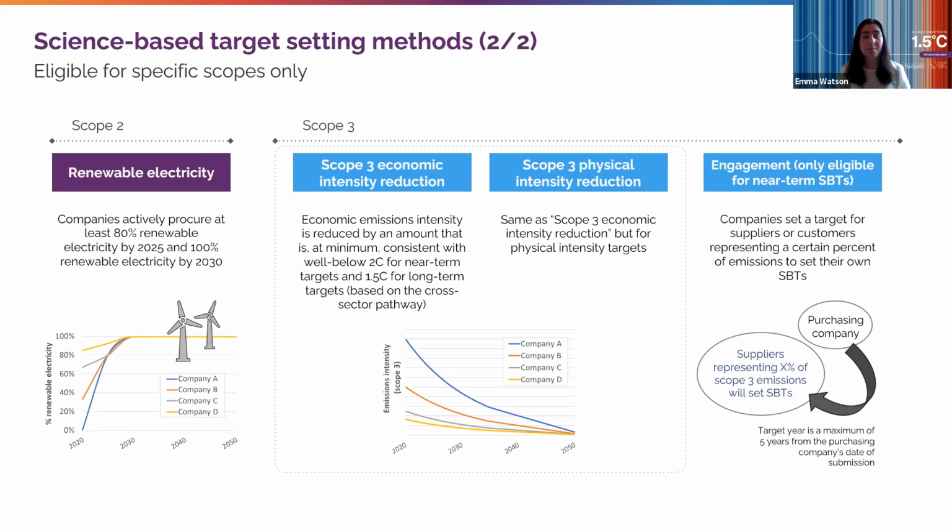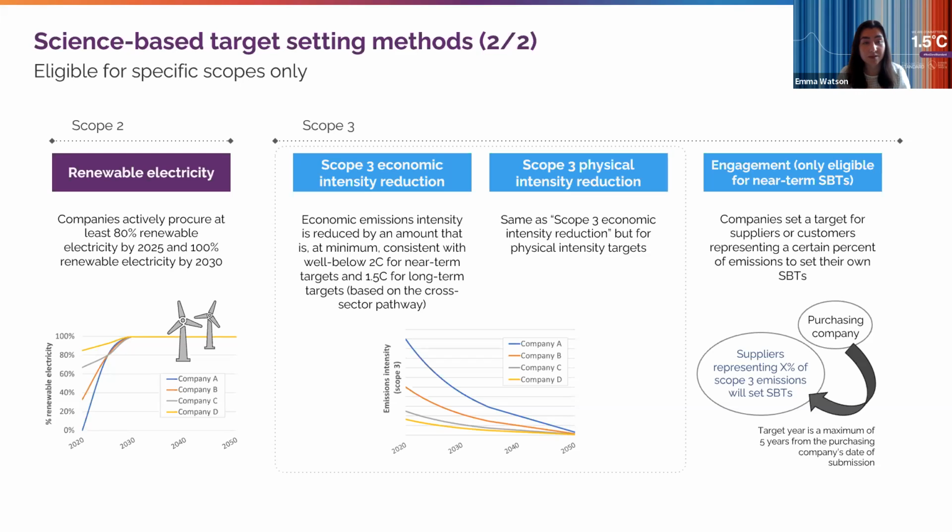Then we have 3 methods that are only applicable to scope 3. The first 2 are very similar. We have the scope 3 economic intensity reduction approach and the scope 3 physical intensity reduction approach. In both of these methods, the emissions intensity would be reduced by an amount that's consistent with well below 2C and 1.5C for long-term targets.